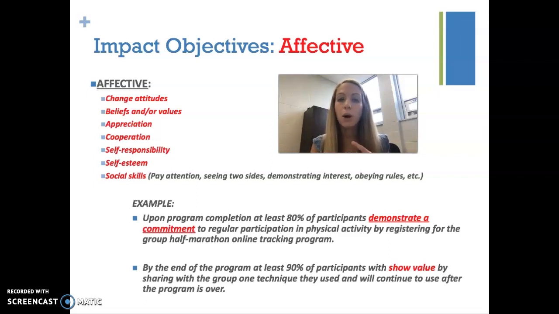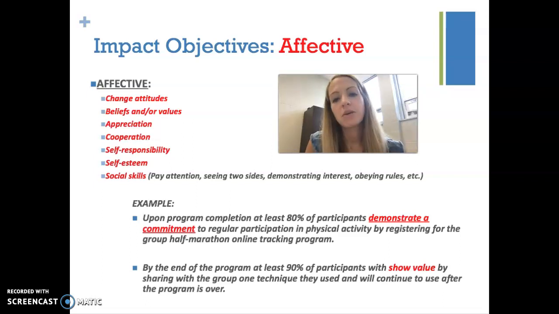It's showing cooperation, self-responsibility, self-modulation, self-esteem, and social skills, paying attention, seeing different sides to different issues, demonstrating interest, obeying rules, right? Compliance. This is really how the participants feel and how they believe and their attitudes towards the items.